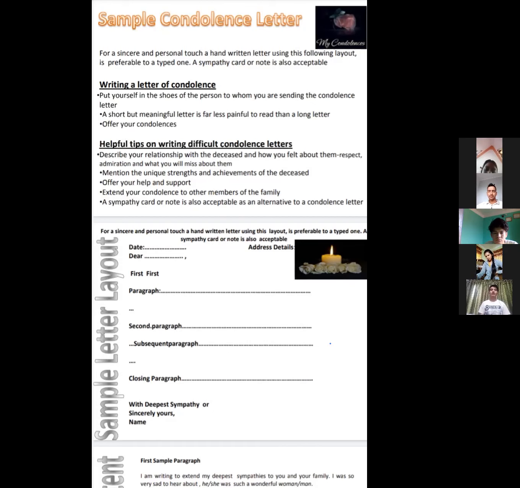And in the second paragraph, you have to describe the dead one: whoever has died, describe their qualities. He was a very close, intimate, good, friendly, enthusiastic, like-minded person, whatever the qualities.